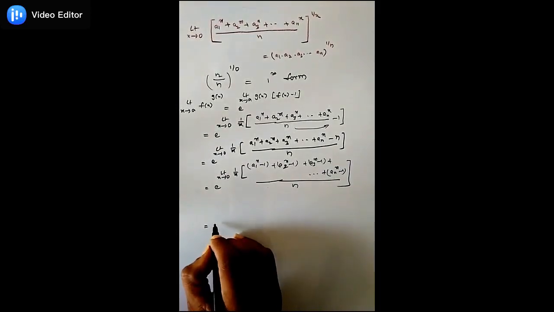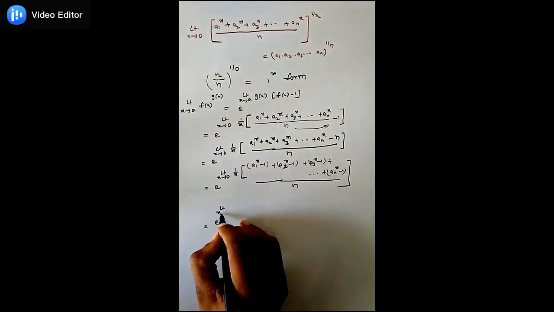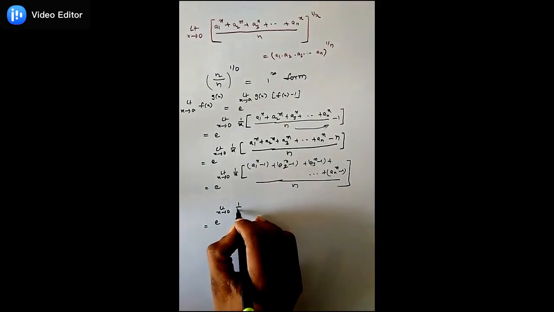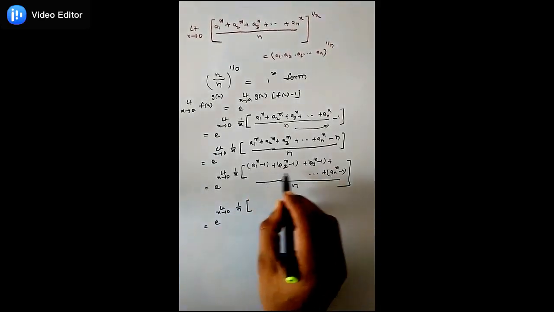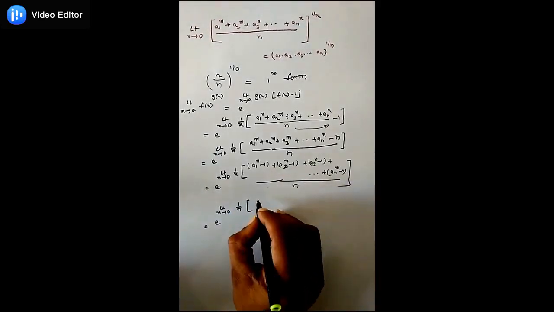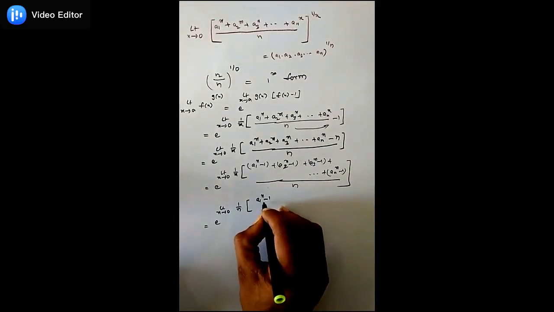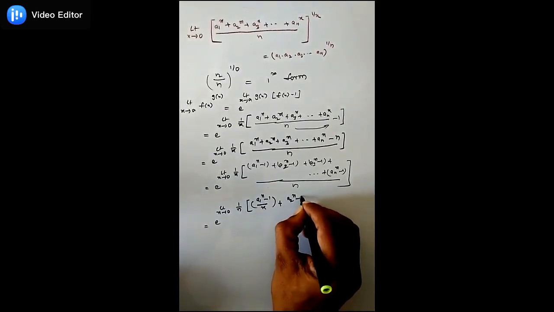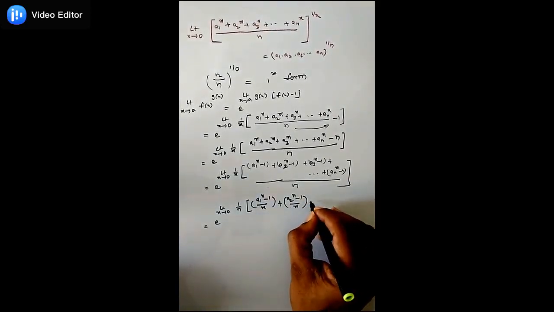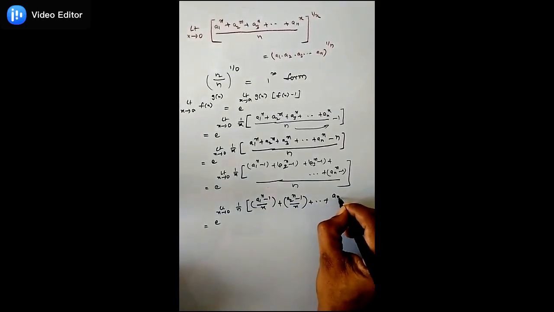Now e to the power limit x tends to 0, write 1 by n outside and divide the total value with 1 by x. You will get a1 power x minus 1 by x, a2 power x minus 1 by x and so on, an power x minus 1 by x.